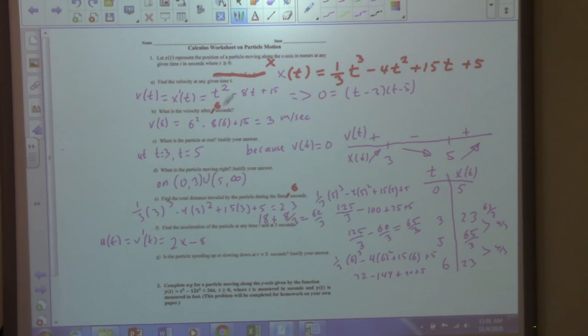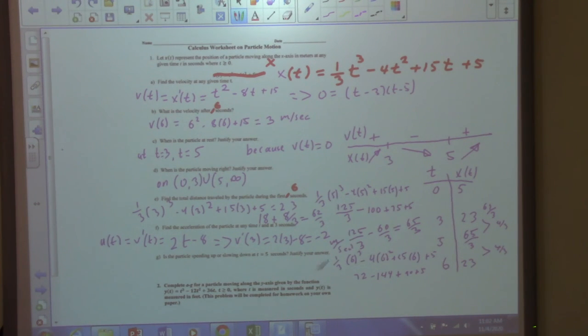Or 2t minus 8, excuse me. And that's the acceleration, and at time t equals 3 seconds. Okay, v prime of 3 is equal to 2 times 3 minus 8, which is negative 2 meters per second squared.